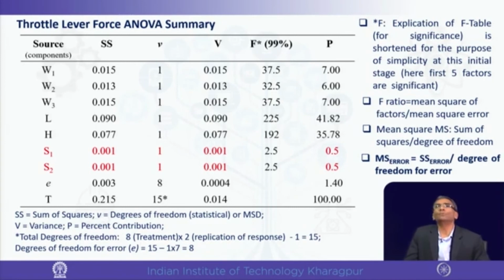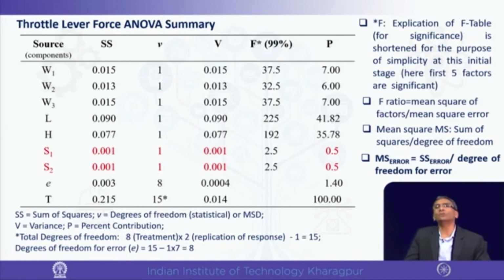The percent contribution: if you see 0.215 here, and if we say that is the total and the first one is 0.015, what is the percent contribution of washer 1 in this? So, it is 0.015 divided by 0.215 into 100, that is 7%.